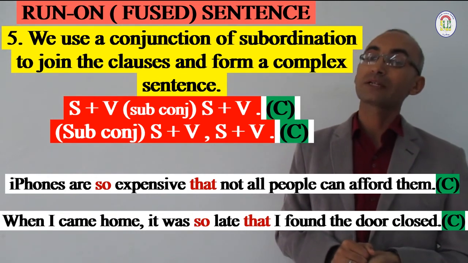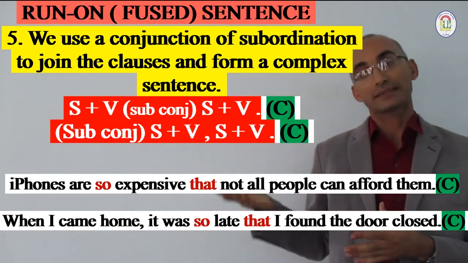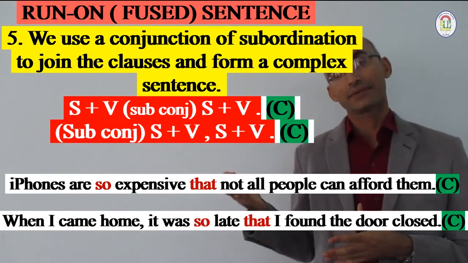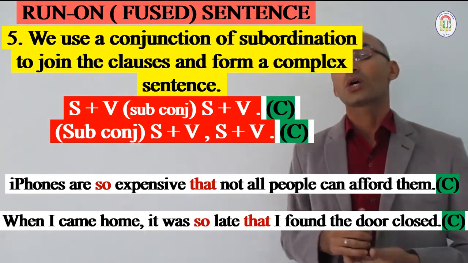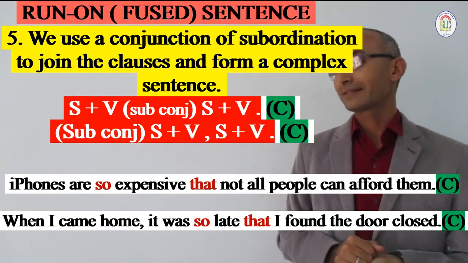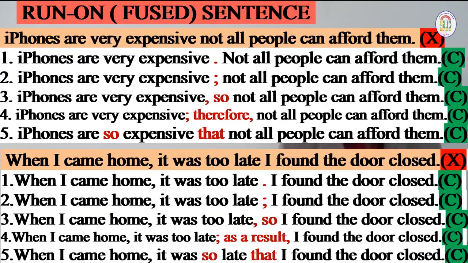So here I have corrected this faulty sentence using a conjunction of subordination, and I turn my sentence into a complex sentence. Clear? So these are the 5 ways you should follow.